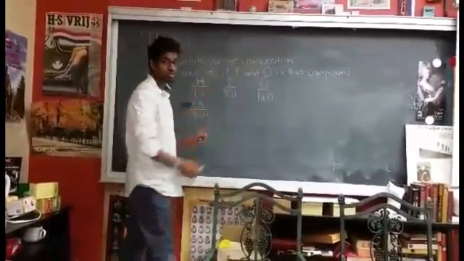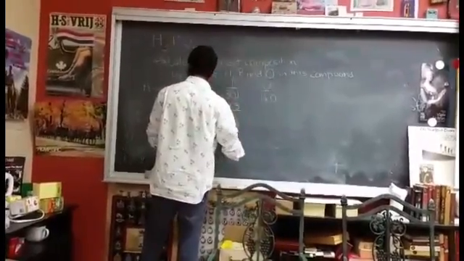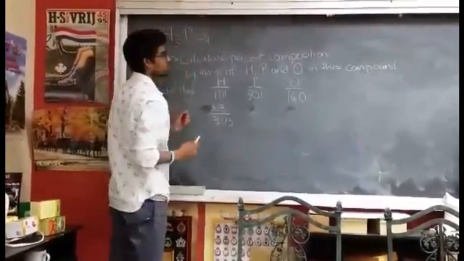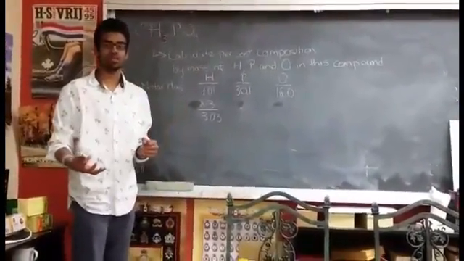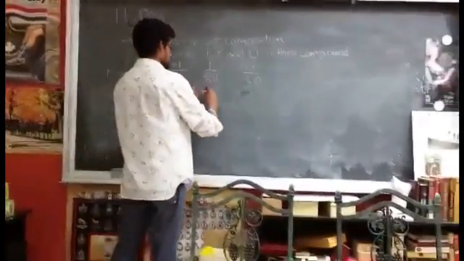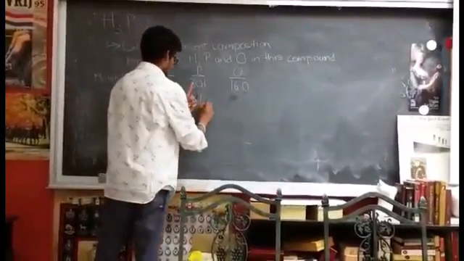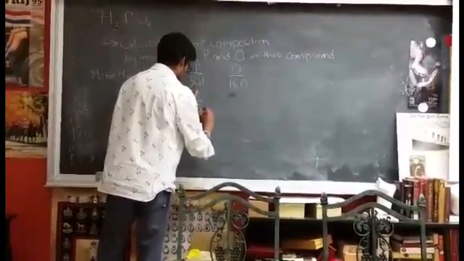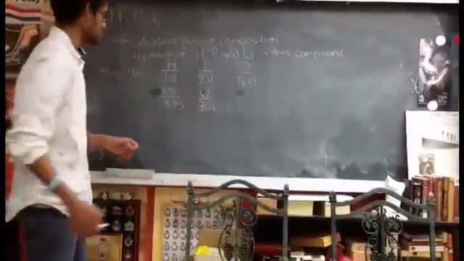The next one, phosphorus. As you can see, there's only one phosphorus atom within phosphoric acid, so we just multiply by 1. One phosphorus atom is 30.1 grams per mole within one molecule of phosphoric acid.